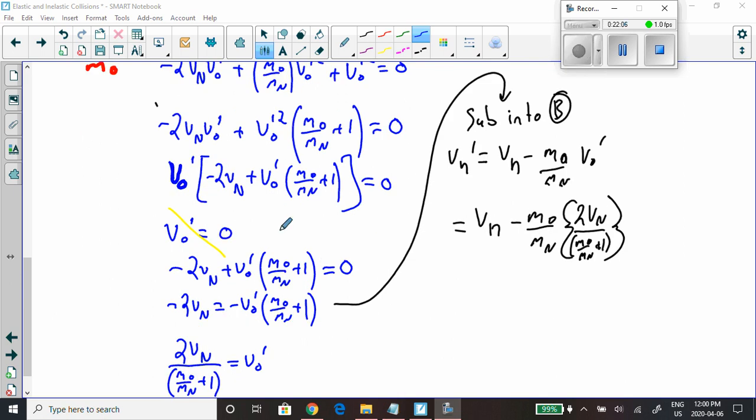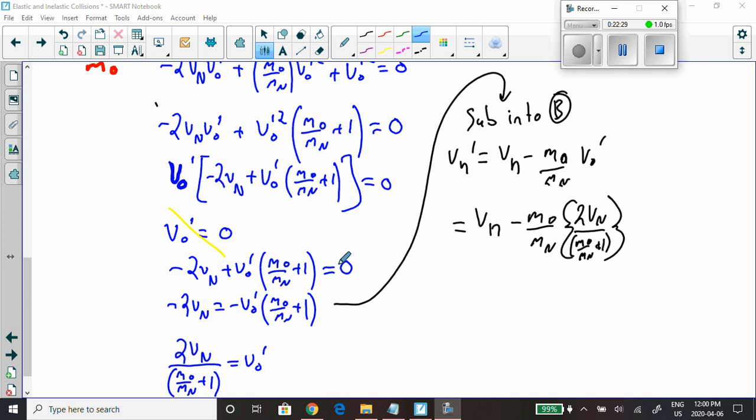Now, we're left with a similar situation to the previous example. The only way this product, this multiplied by what's in the bracket, can equal 0 is if V naught, the velocity of the oxygen after the collision, so V oxygen prime, equals 0, or what is in the bracket equals 0.